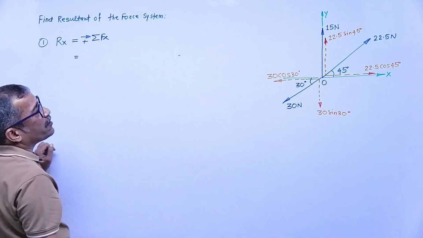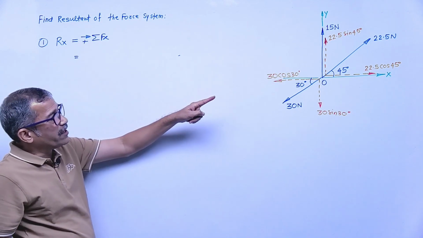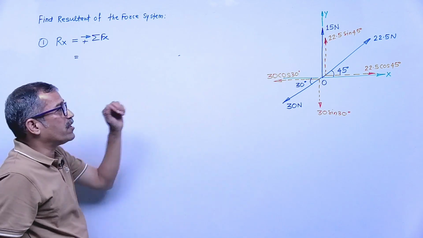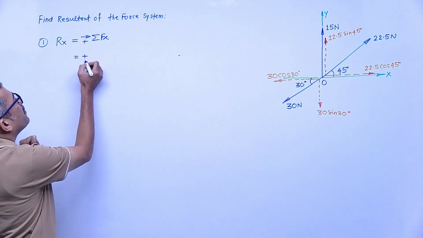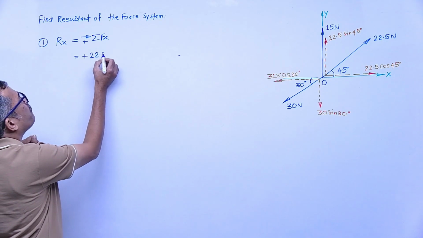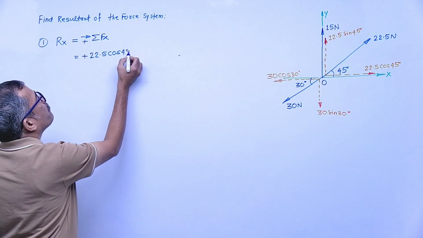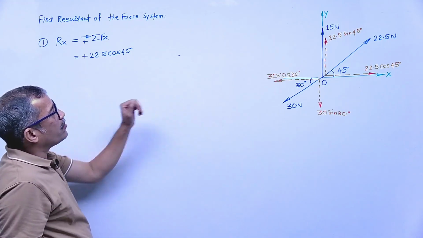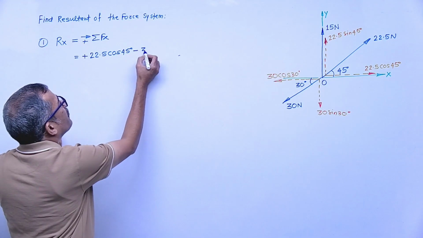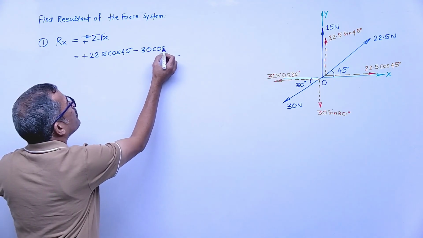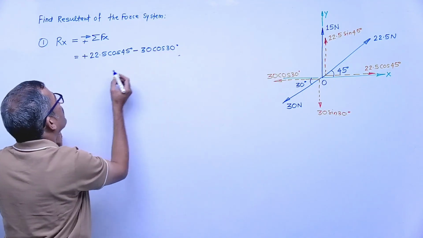In the horizontal direction, 22.5 cos 45 is rightward, so plus 22.5 cos of 45 degrees, and 30 cos 30 is leftward, so minus 30 cos of 30 degrees.